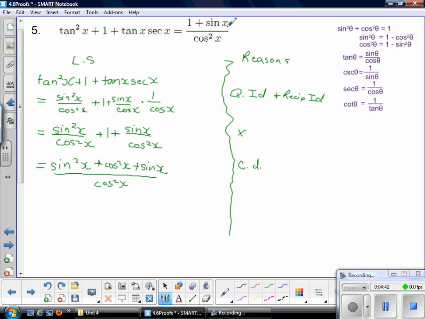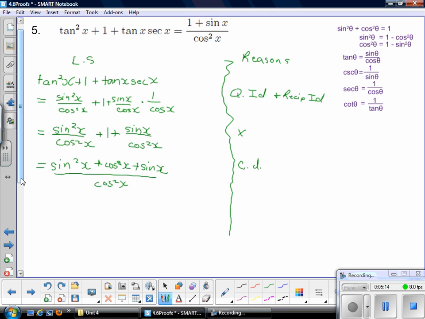Now, if I look here, I need to have 1 plus sine x. I still have a cos squared x. So I somehow have to get rid of that. Now the only way, if I look at my substitutions, the only way that I see a cos squared x has to do with the Pythagorean identity. Okay, so I could change cos squared x to 1 minus sine squared x, or I could take the sine squared x and this cos squared x and change it to 1.